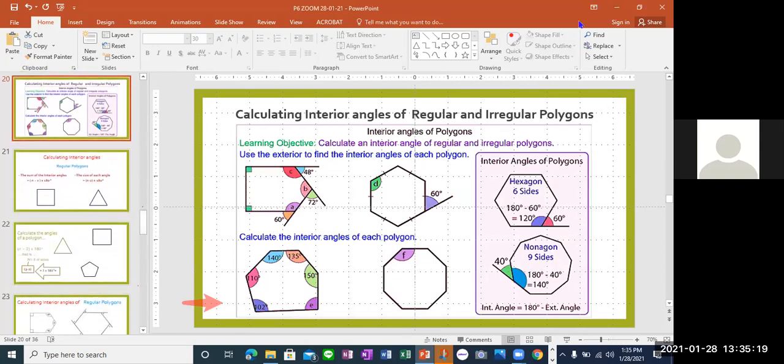Now here I have an example of how to calculate your angles. It's very simple. So look at this one. How do we calculate the angles of any polygon, or for the regular polygons specifically?